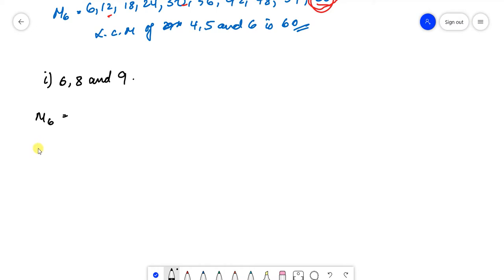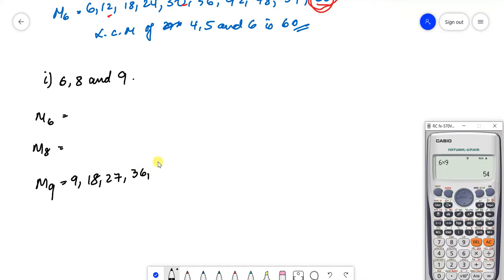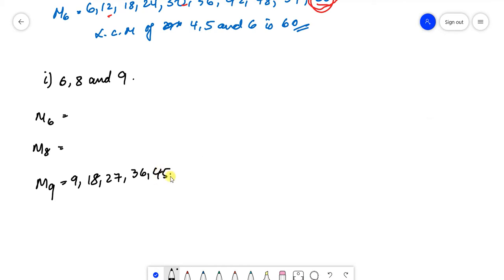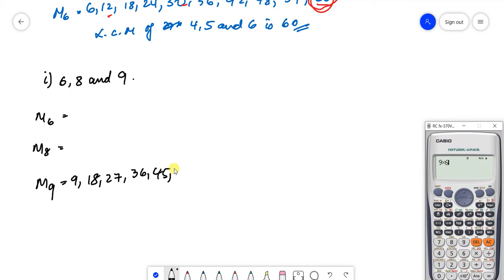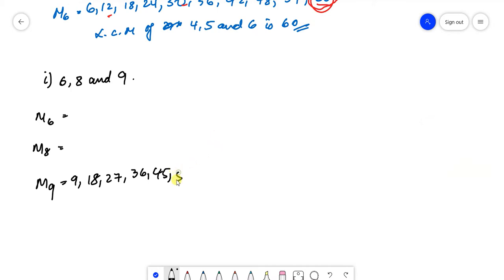Let's write with the multiples of 9 first, and we have the multiples of 8. So let's write 9 ones are 9, 18, 9 threes are 27, 9 fours are 36, 9 fives are 45, 54.